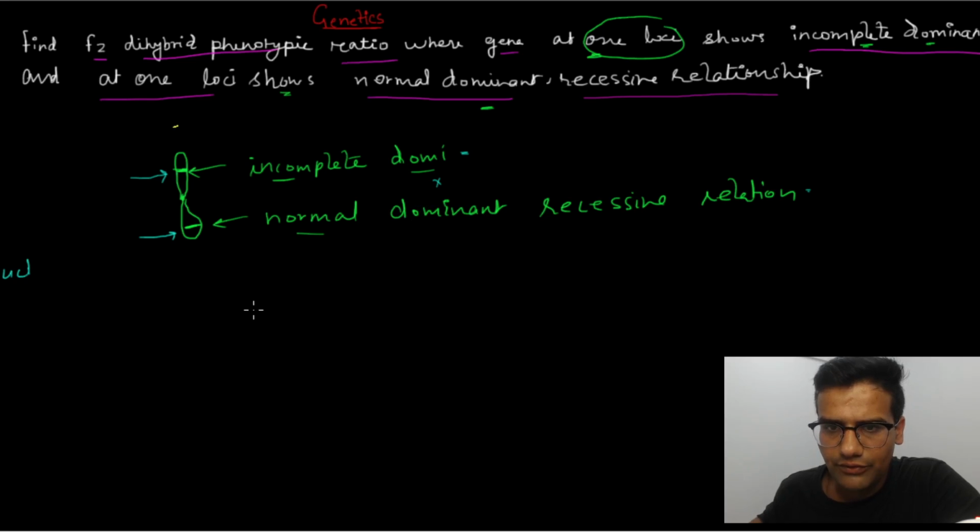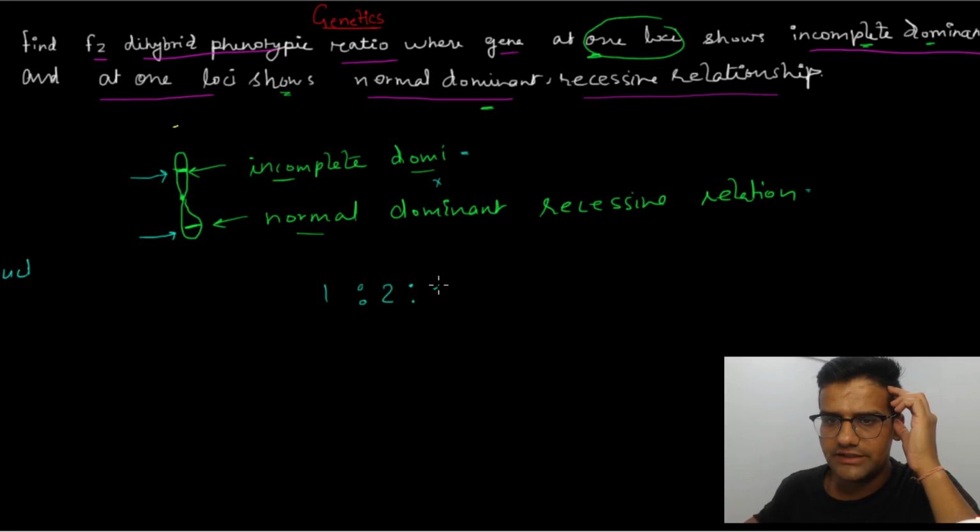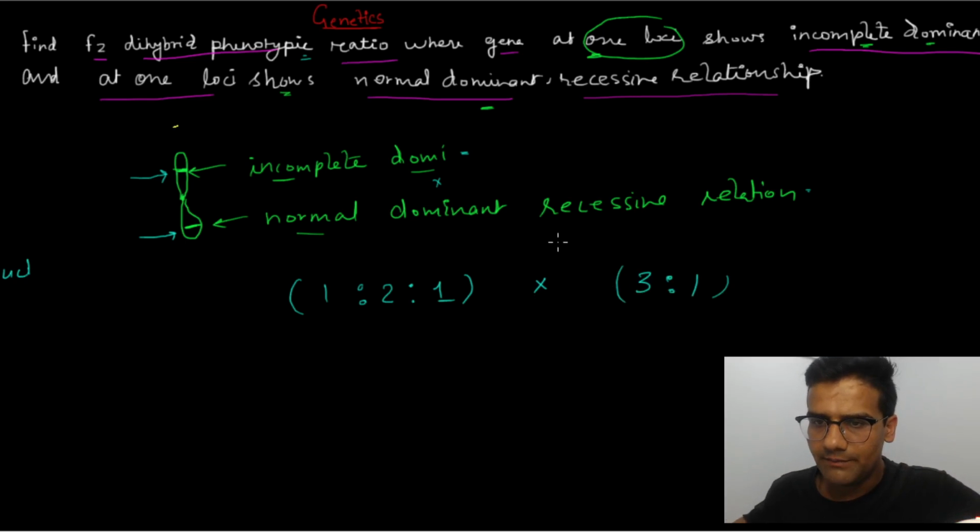The phenotypic ratio of incomplete dominance is 1:2:1, whereas the normal dominant recessive relationship phenotypic ratio is 3:1. If you haven't watched the video on incomplete dominance and normal dominant recessive relationship, please go back and watch it.